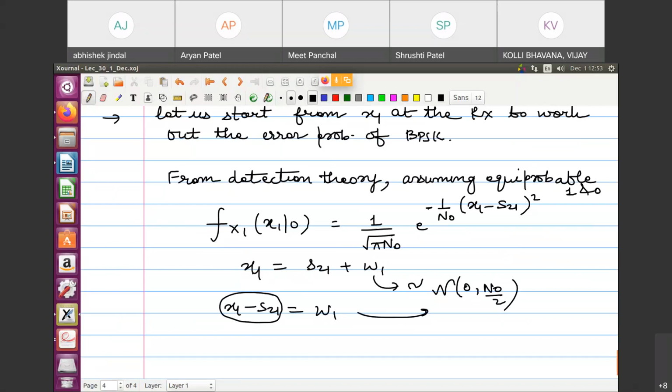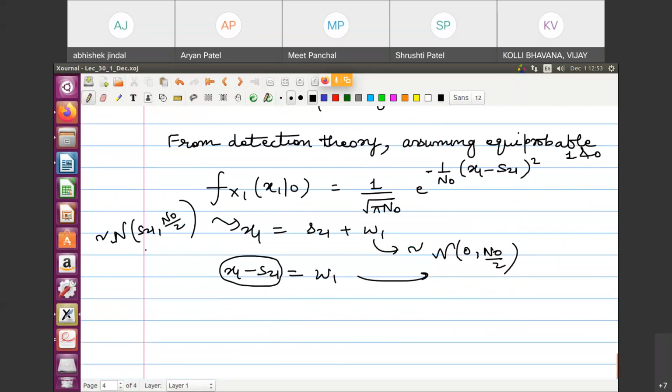Or you can say that this x1 now is a Gaussian distributed random variable with mean s21 and variance N0 by 2. So that is what you have done here. You just substituted in the formula; let us see how you write it in terms of mu and sigma square.